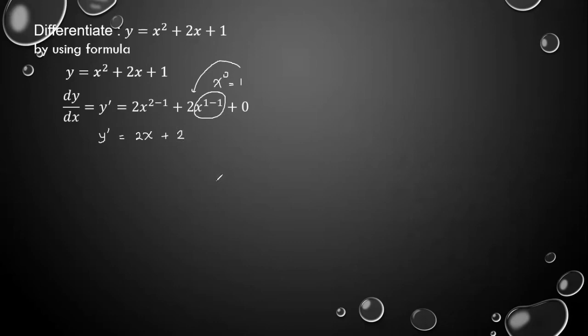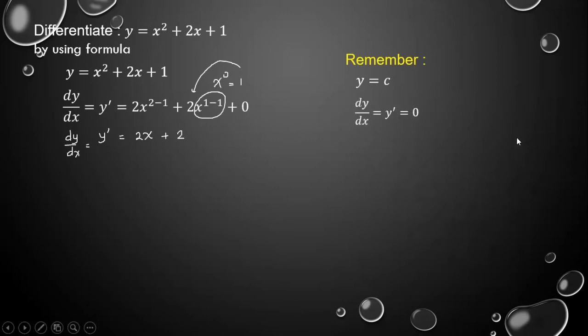Okay. So dy over dx, or y accent, is 2x plus 2. Very clear. So then, something to remember: when y equals a constant, dy over dx equals y accent equals 0. Once again, y equals a constant, so dy over dx equals 0.